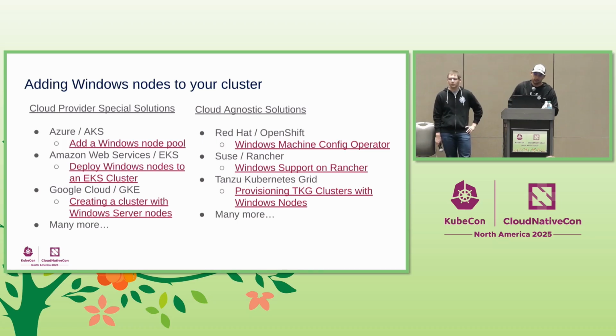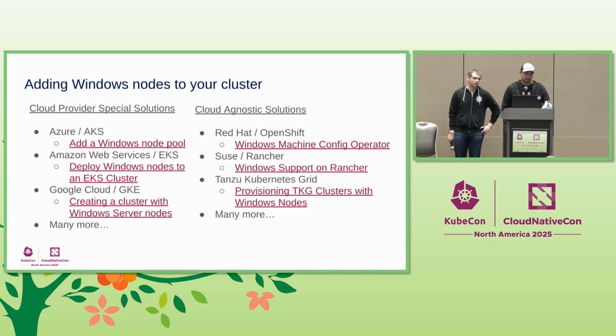Here I'm just highlighting a couple of alternatives for how you can bring Windows Node into the Kubernetes ecosystem. For example, if you are in the major cloud providers like Azure, AWS, and GKE, you will have their mechanism to get a Windows Node across the Kubernetes-specific implementation that they provide.